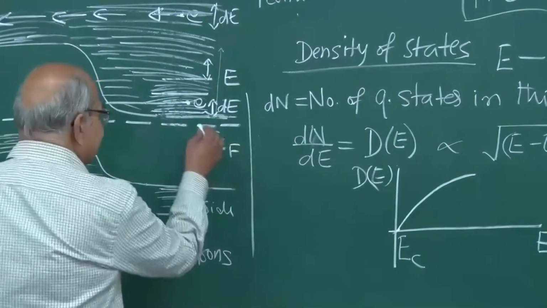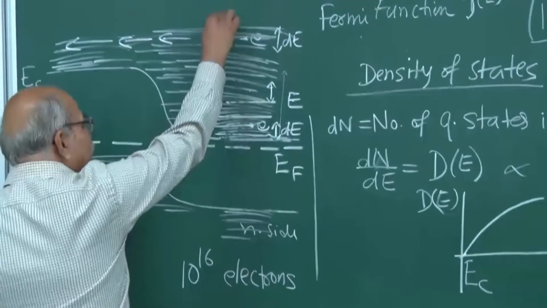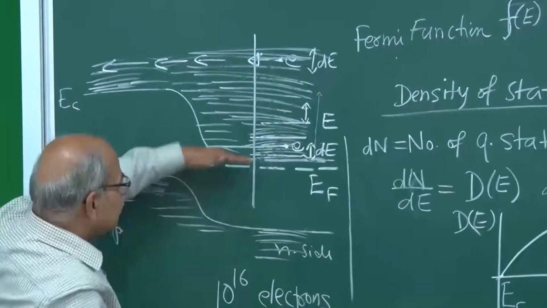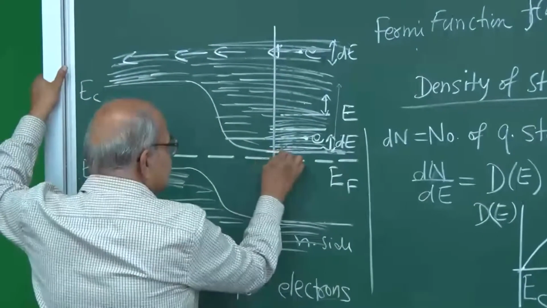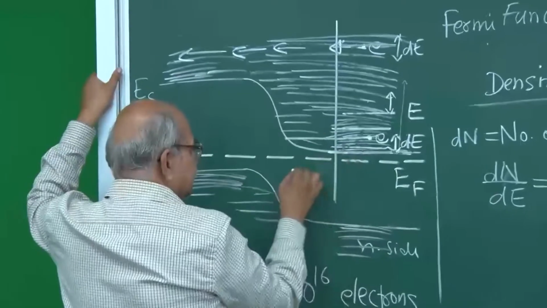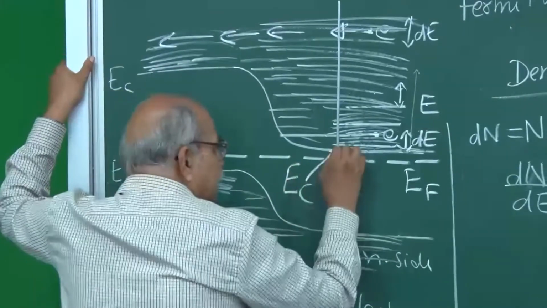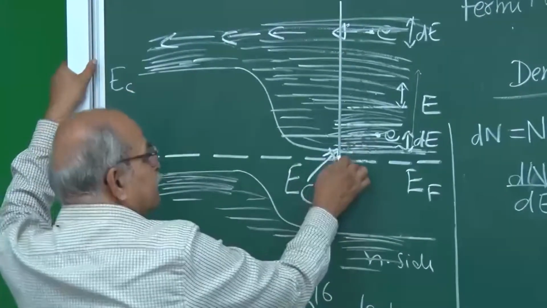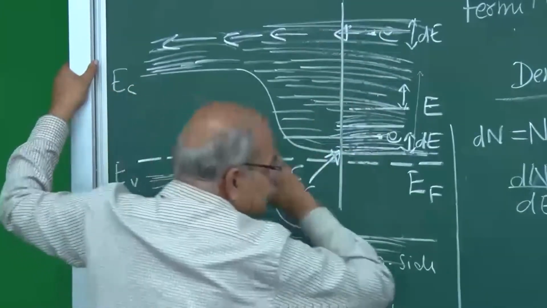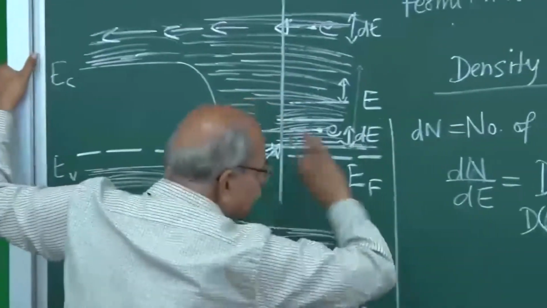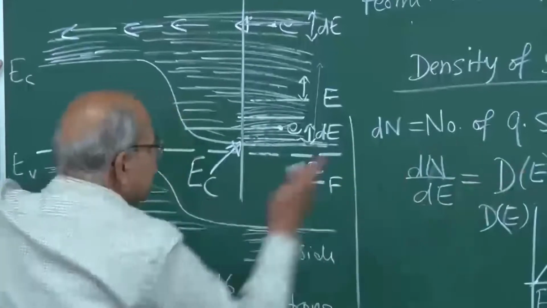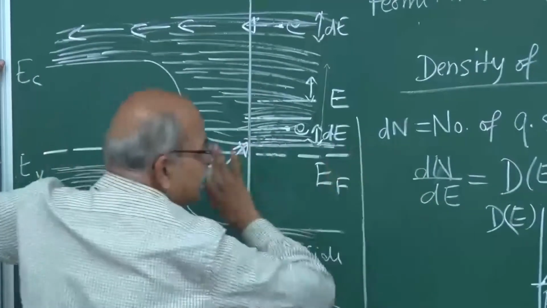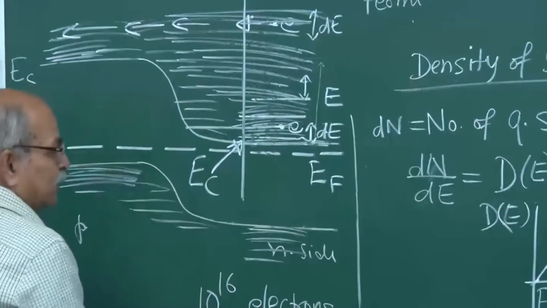You can plot this D(E) here also. If I draw a line here and energy is going up, so this point is energy EC. And for the density of states, this D(E) I am plotting on this side, towards the right. What will happen?